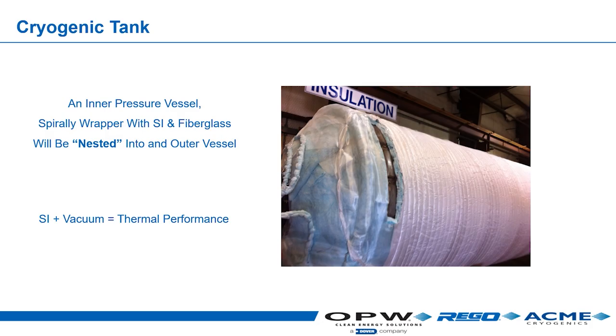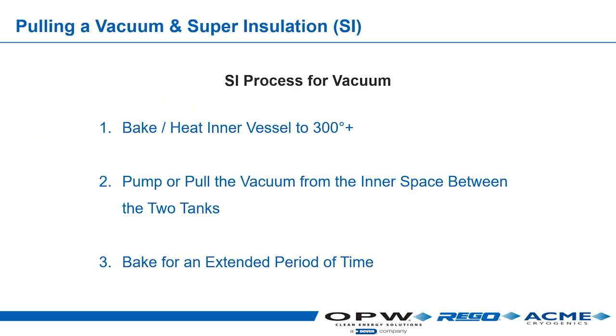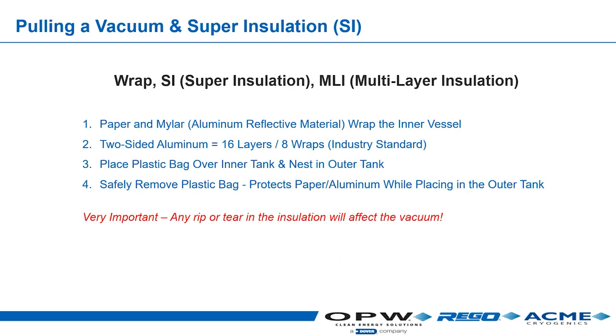So super insulation plus vacuum equals that thermal performance. When pulling a vacuum on that annular space, basically what you're doing is it's paper and mylar. Again, the mylar kind of looks like aluminum foil, but it's not.